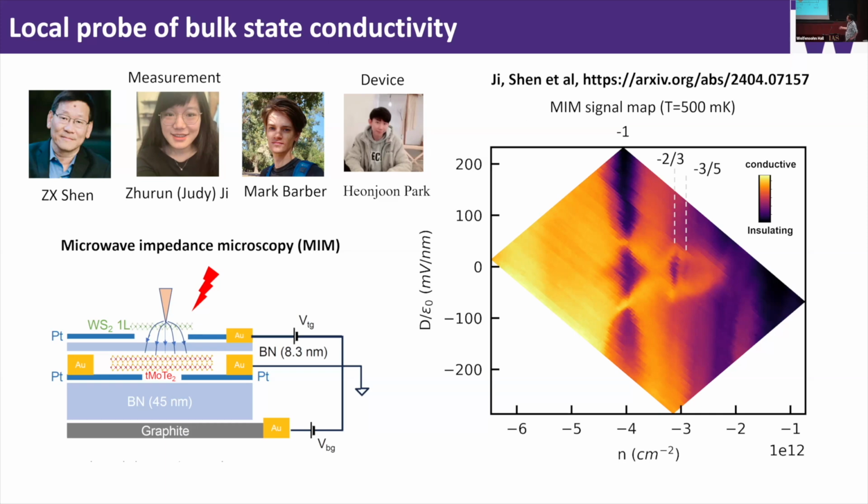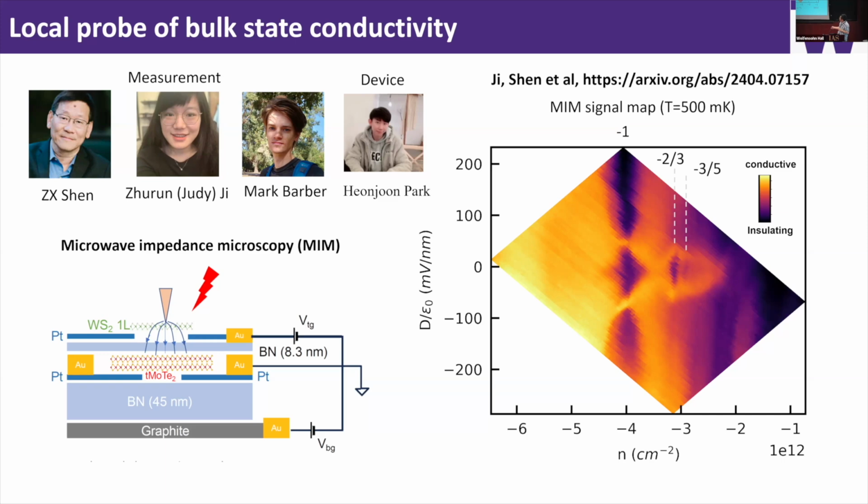In a nutshell, you have a local probe to measure the conductivity of the samples. An open challenge is that it's hard to put a top gate on a sample. Imagine a tip trying to penetrate through the top gate and measure the conductivity at the bottom. The gate usually will screen out the tip, so it's difficult to measure what's going on underneath the top gate.